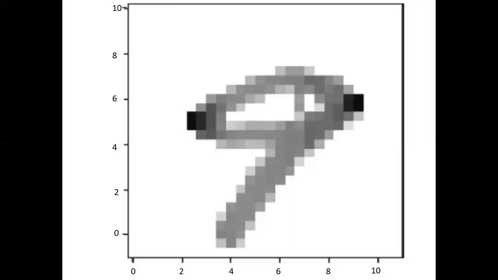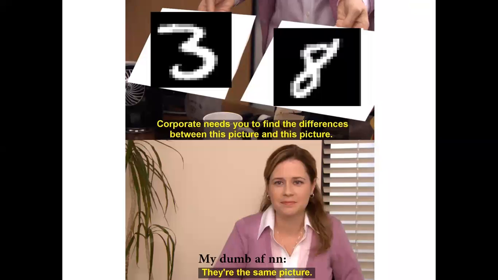Let's try this hypothetical model. The square in which we write these handwritten numbers has a width and height of 10 pixels. And right from the start, I want to make this clear: this is garbage. 10x10 pixels is too low a resolution to write anything, and it's obviously not going to work.